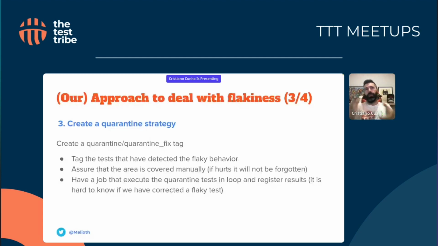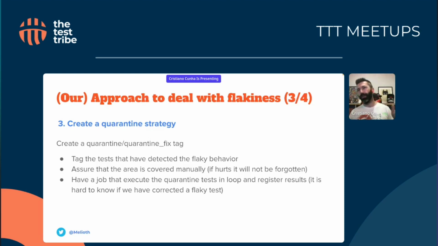But in order for you to put that tag, the code review must be done by your peers, and you need to add a manual test while we have the automated check in quarantine. If you are removing an automated check by adding the quarantine tag, that means it will not be executed. You need to add a manual test in order for that area to be covered.